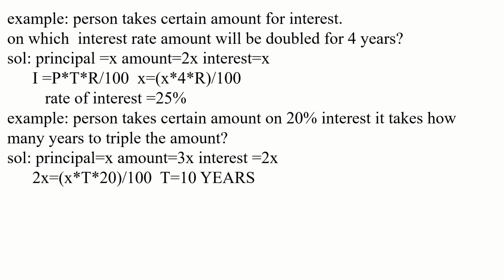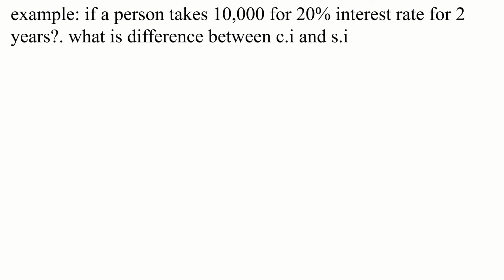Okay. Let's get into some simple questions. If a person takes 10,000 at 20% interest rate for 2 years, what is the difference between CI and SI? Suppose if we calculate this problem on CI, we get a certain amount. If we calculate this problem on SI, we get a certain amount. Here the problem is asking the difference.